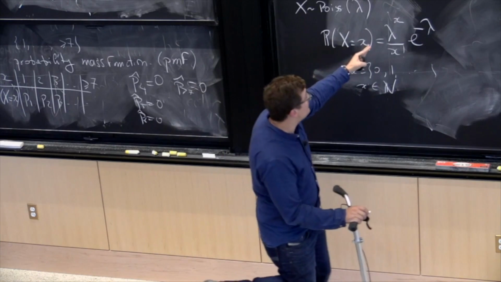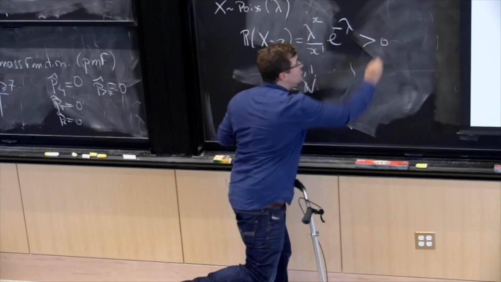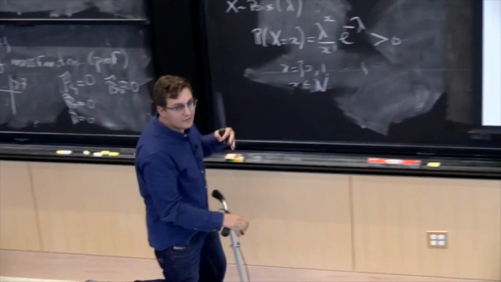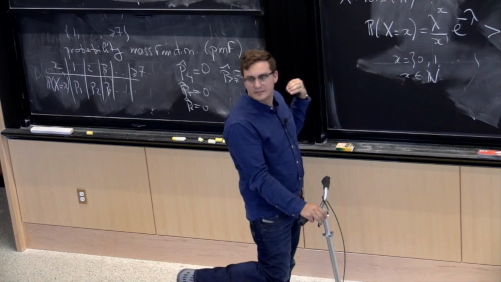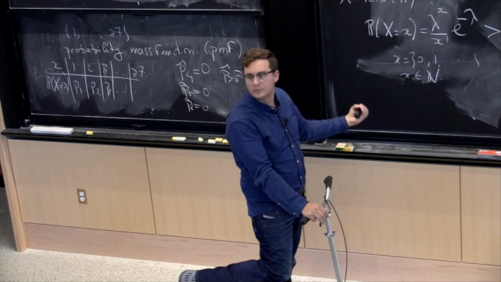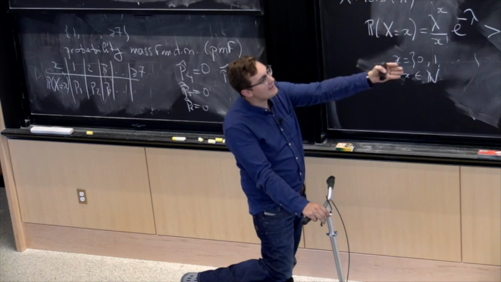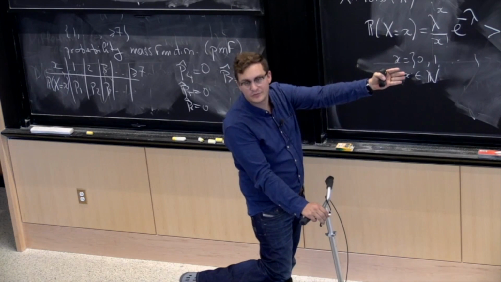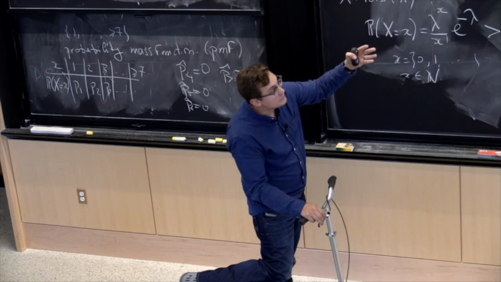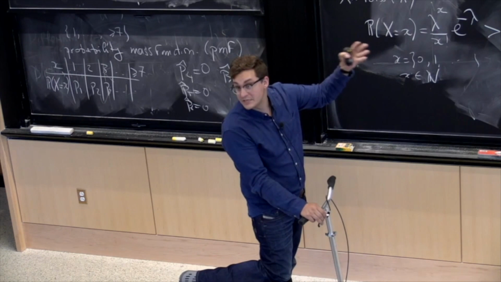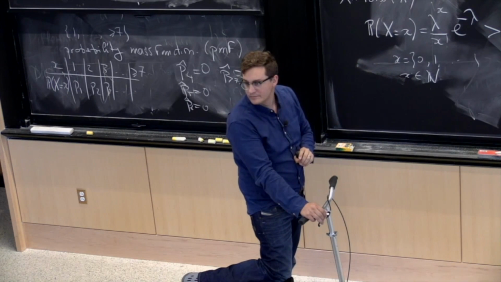But what's key about this PMF is that it never takes value 0. This thing is always strictly positive. So whatever value of lambda I find from this data will give me something that's certainly more interesting than just putting the value 0. More importantly, rather than having to estimate 7 parameters, and as a consequence having 1, 2, 3, 4 of them being equal to 0, I have only one parameter to estimate, which is lambda.